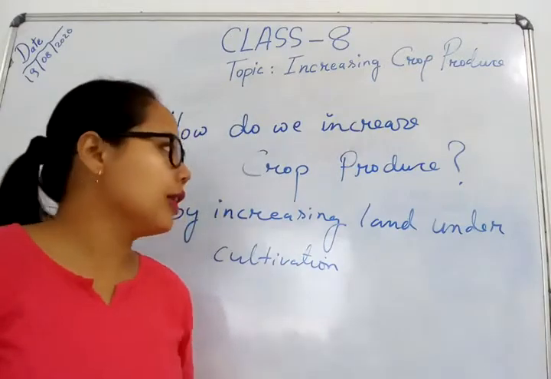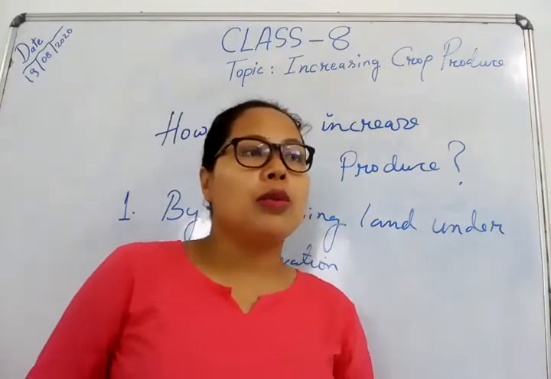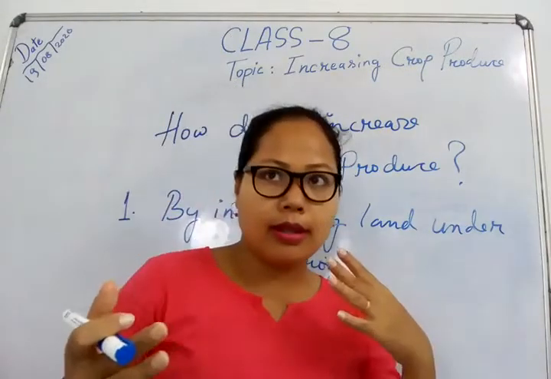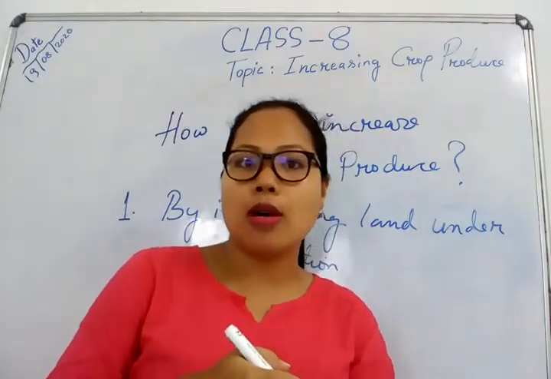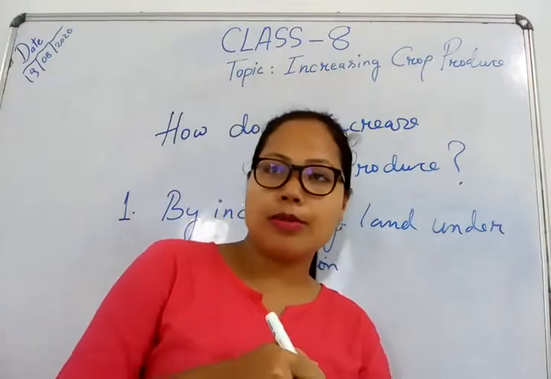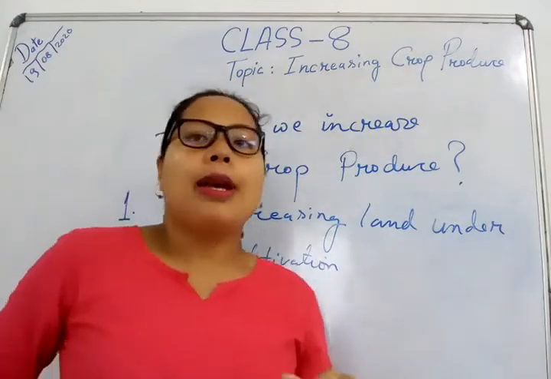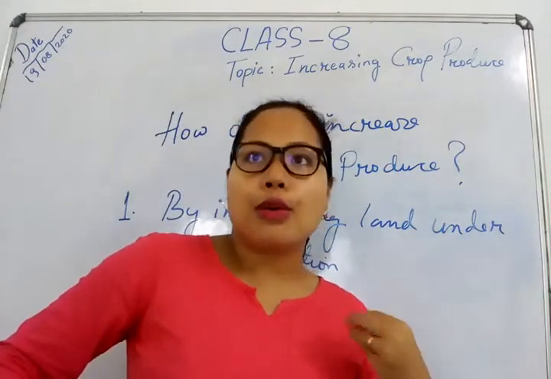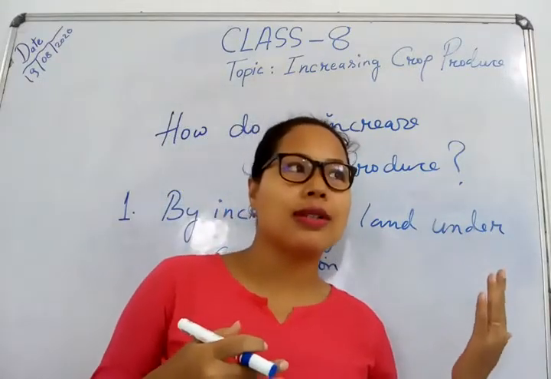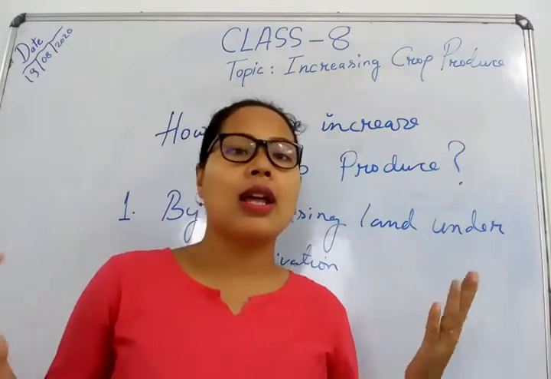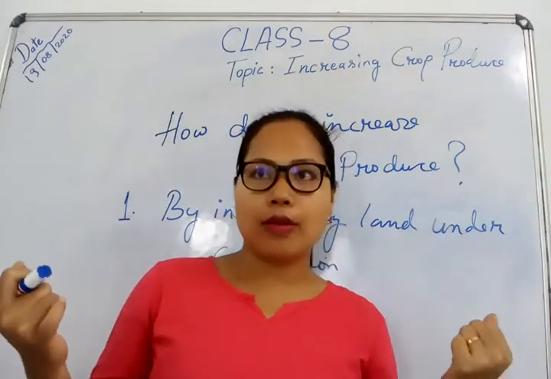So why can we not do this, as I have already said? It also causes environmental problems, isn't it? What type of environmental problems may it cause? It may cause soil erosion, and if you continuously clear the forests and cut down the trees, then ultimately there is global warming.